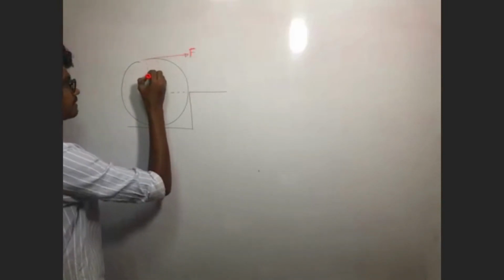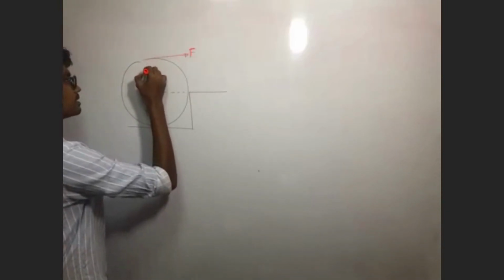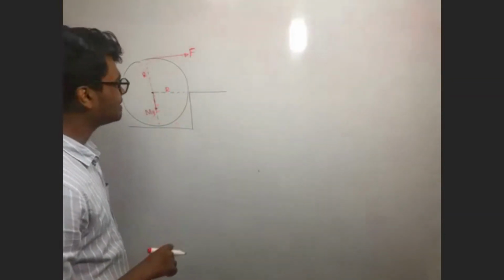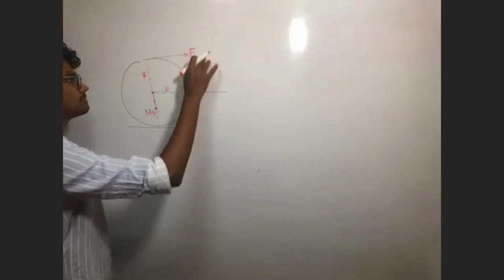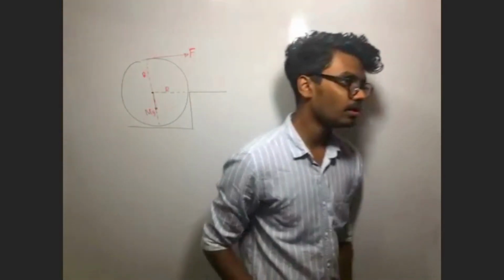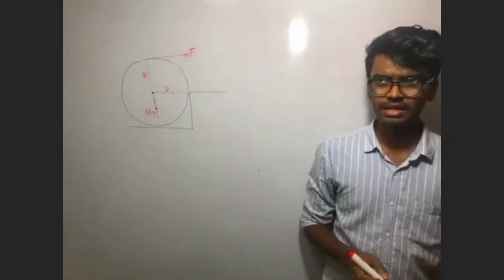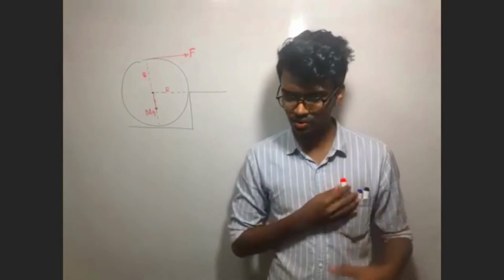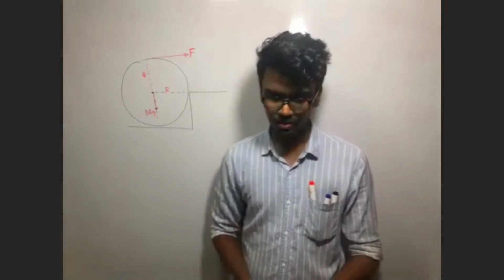This is R as well. So what is the minimum force that needs to be applied in order to lift this up? So it's kind of a problem. I think there was some other year also, I can't remember, but okay, fine.